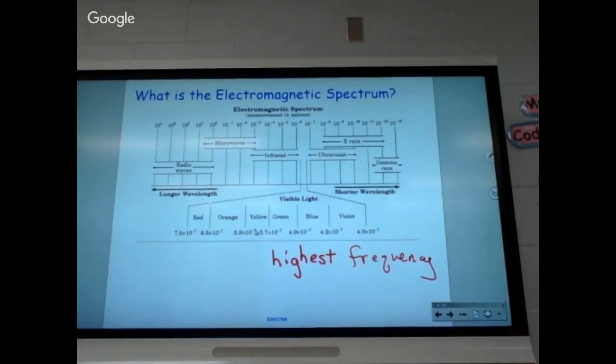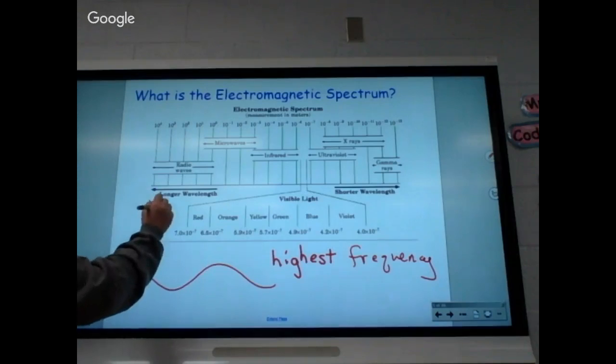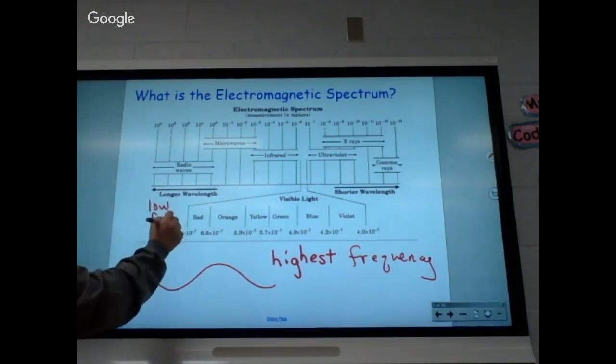So yesterday, what did we say about wavelength and frequency? They're inversely proportional, right? Where it's a long wavelength, remember they're all stretched out. So what does that say about your frequency? It's a low frequency.